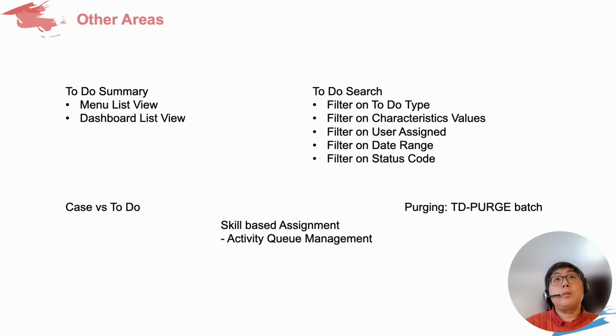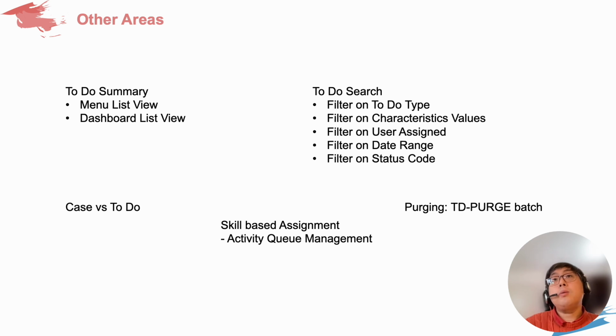The similar list view can also be seen on the dashboard, and also on the dashboard you have the option to assign a to-do to the next available person on the defined role. So these are the options for how you operate on to-do assignment and to-do management.